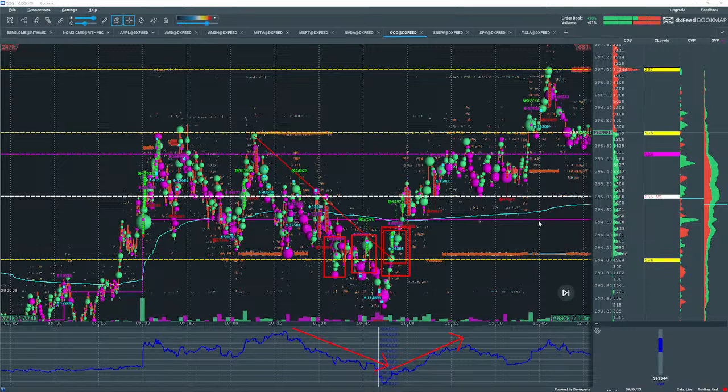But this was signaled well in advance with Hero, and then finally confirmed with price action and order flow.